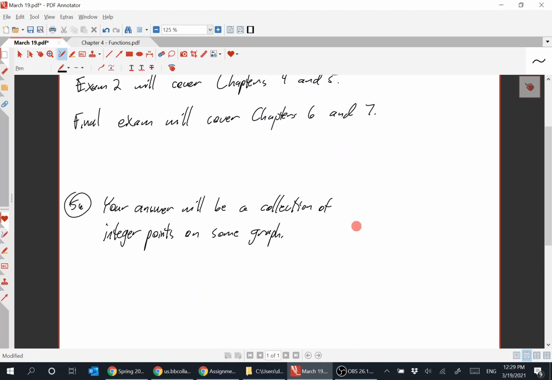So, for example, what I mean by that, like if you take the graph y equals x squared, right, so here's y equals x squared. The integer points are here. This is 0, 0, and then there's also 1, 1, and negative 1, 1.